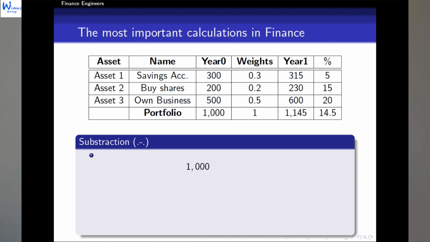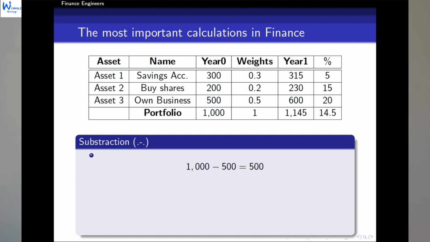In that case, we will remain with the initial amount 1,000 minus the amount invested in the business, which means 1,000 minus 500. We will remain with only 500. That is just a subtraction.